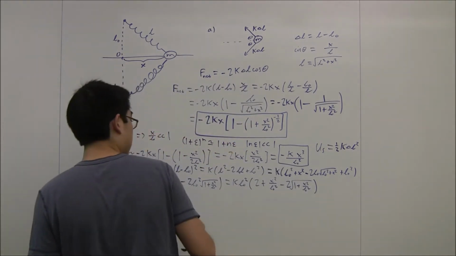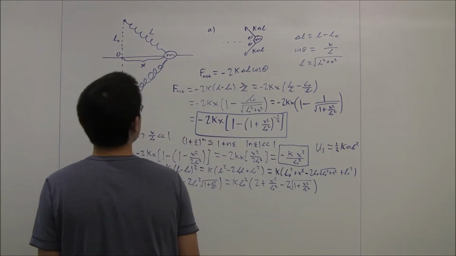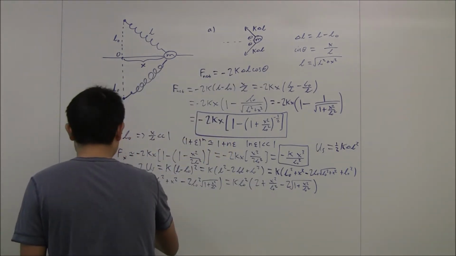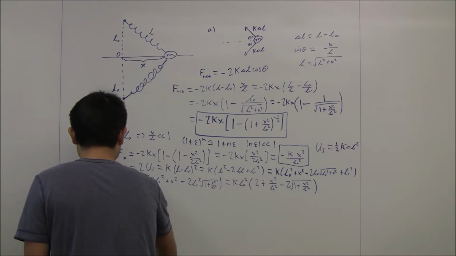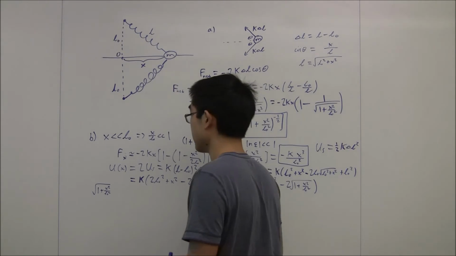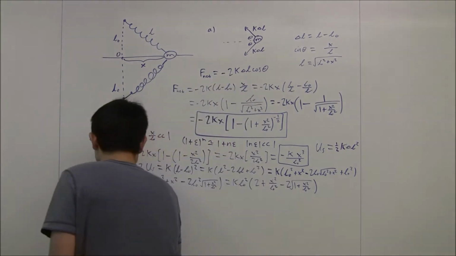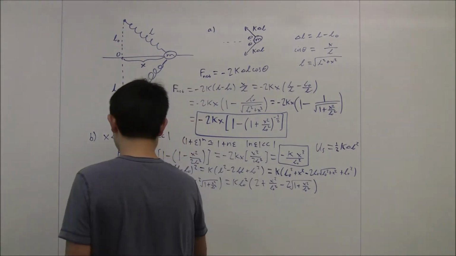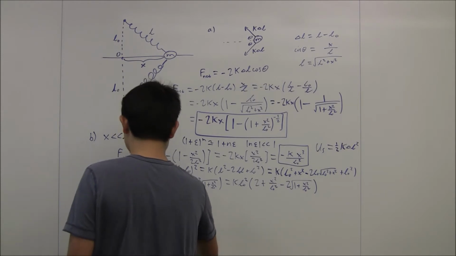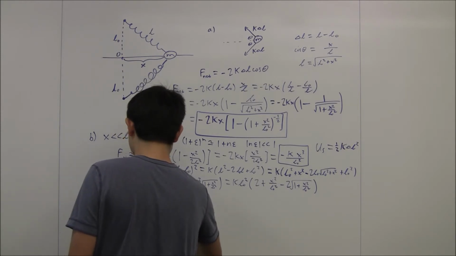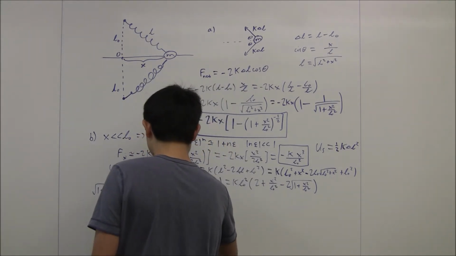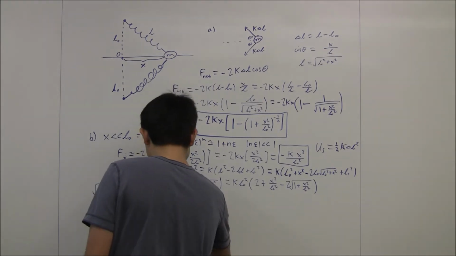So we have that the square root of 1 plus x squared over L naught squared, using our rules for Taylor expansion, is approximately equal to 1 plus x squared over 2 L naught squared minus x to the 4 over 8 L naught to the 4.